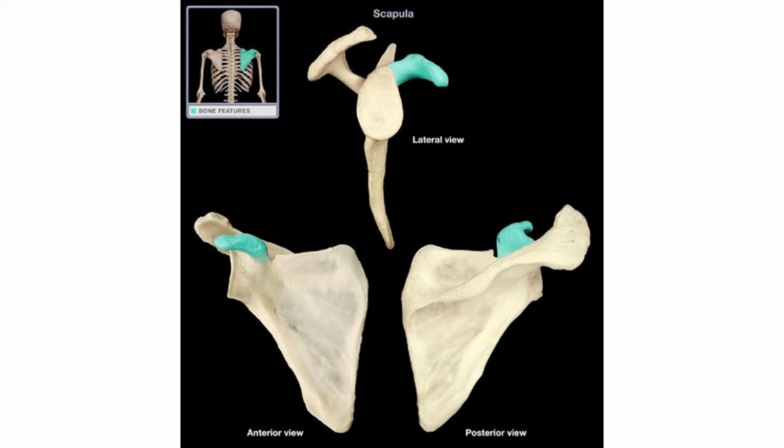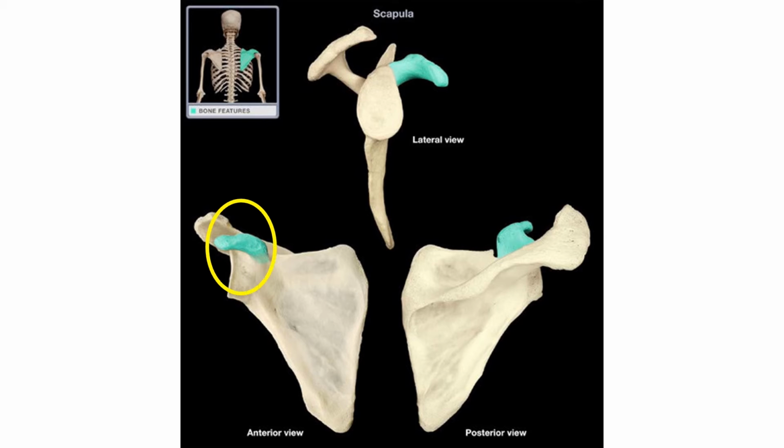Again, we return to the superior angle, and it is busy with several structures. Now we look at the green process. A process is a protrusion of bone.